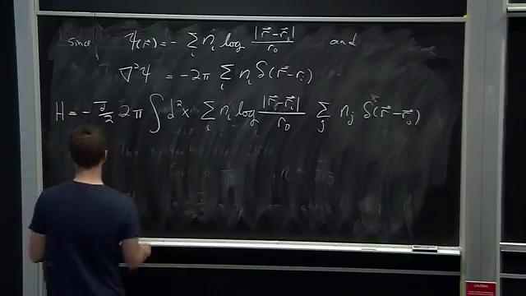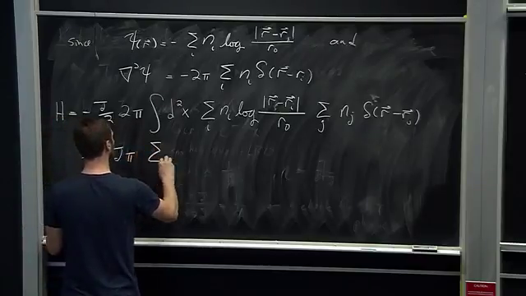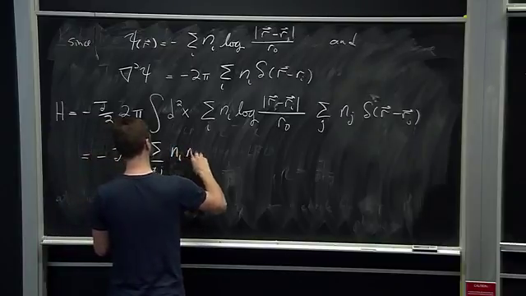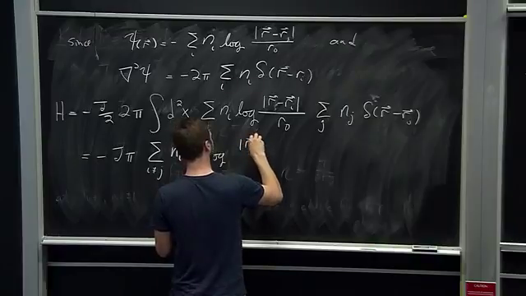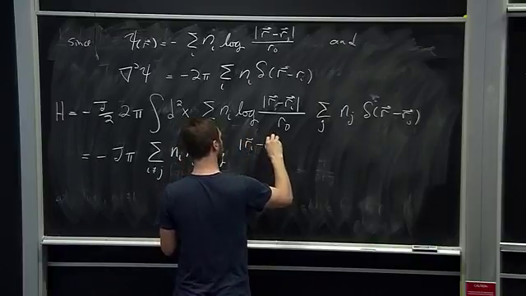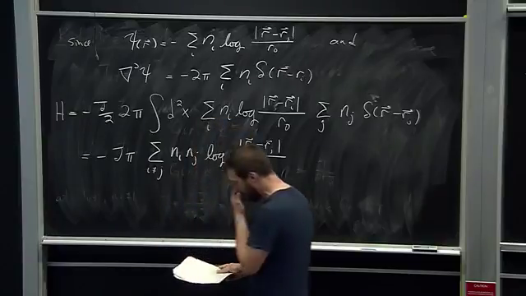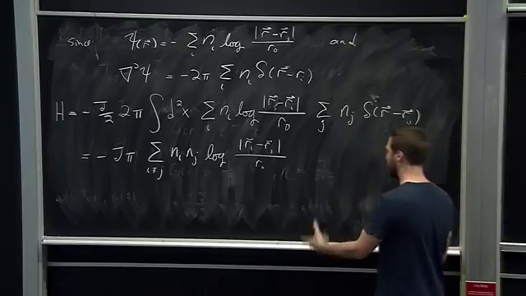So we'll just assume that doesn't happen, or we'll just enforce it by making i not equal to j, n_i n_j log, whatever order you want here.